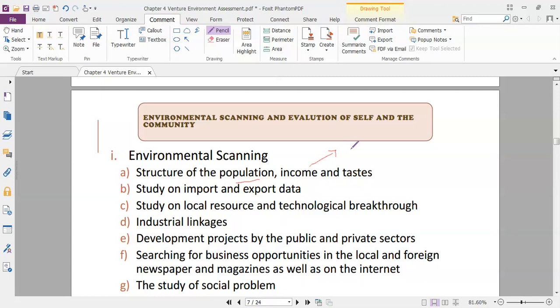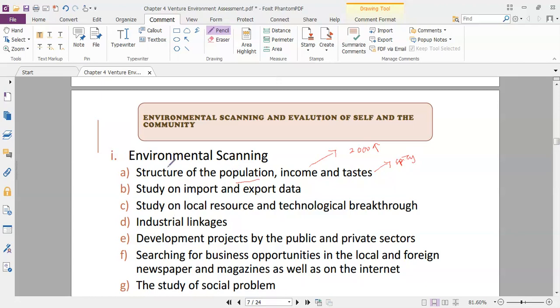On average, how much is the income in Seremban? The people who live in Seremban, for example, earn 2,000 and above. And taste, whether they like, in Negeri Sembilan, the taste of their food is more spicy food, right? For example, like that. That is the environmental opinion.